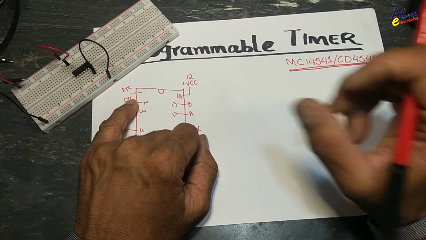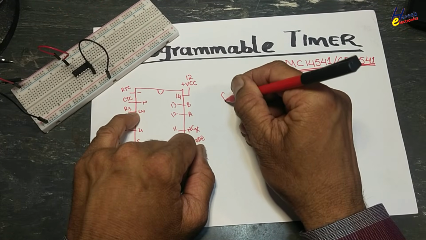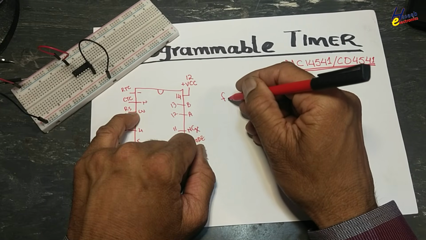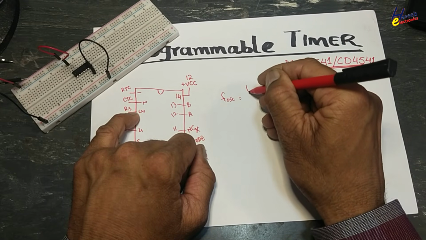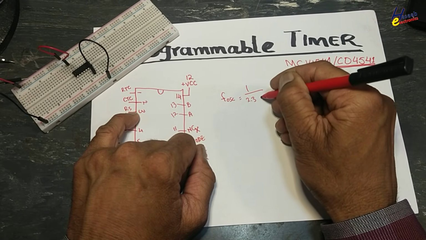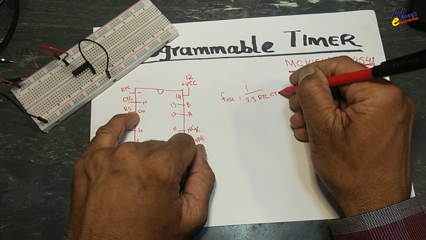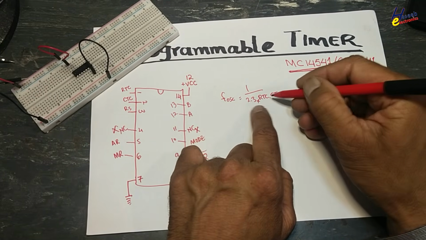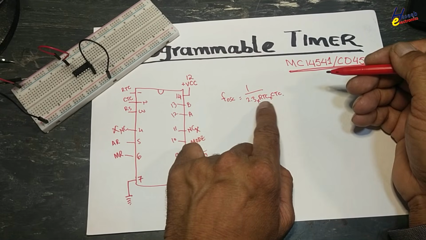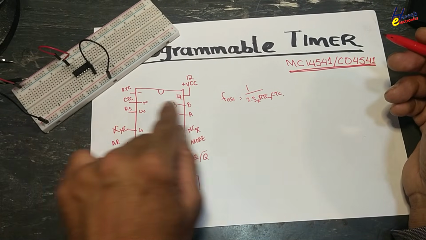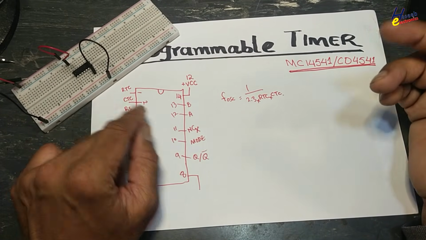These are frequency components. We will calculate the oscillator frequency, F oscillator = 1/(2.3 × RTC × CTC). 2.3 is a constant for its oscillator; RTC and CTC are the timing resistor and timing capacitor.